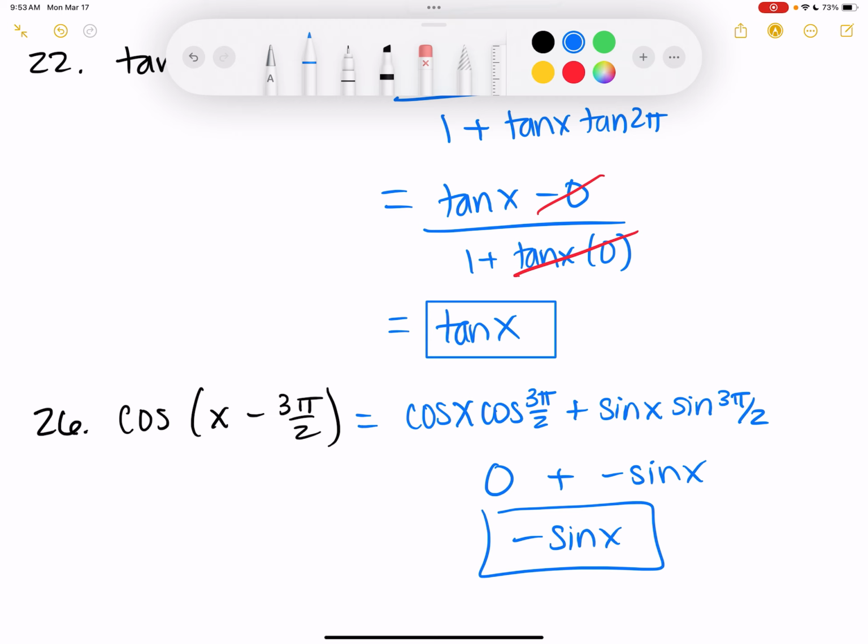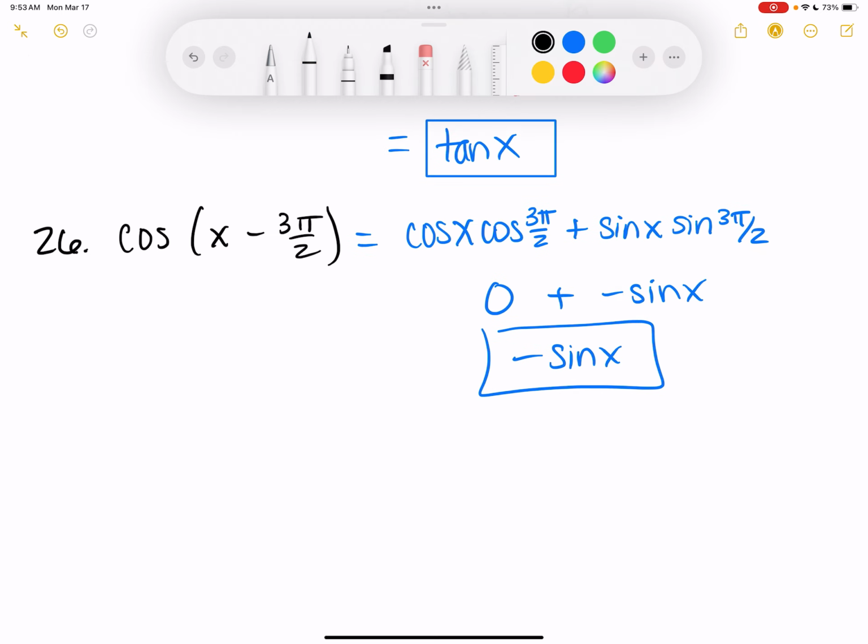All right, one more. Actually, hold on. 28. Cosine of x minus pi over 2. Wait, it's just that one flips.